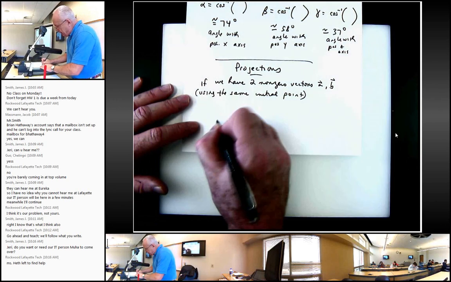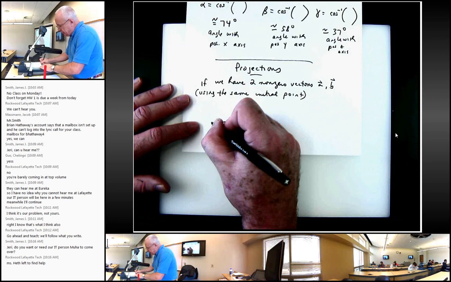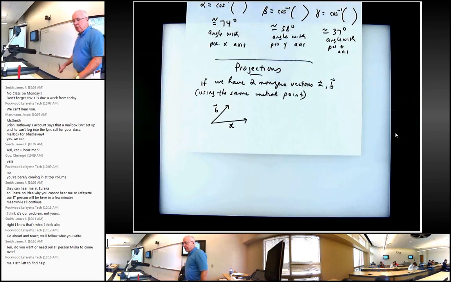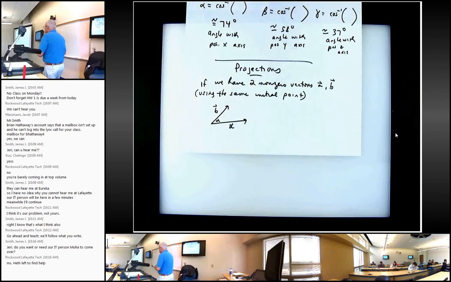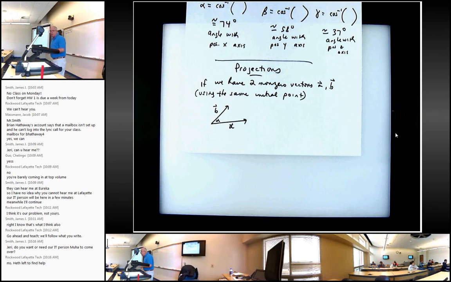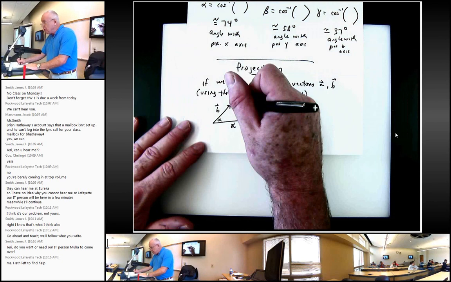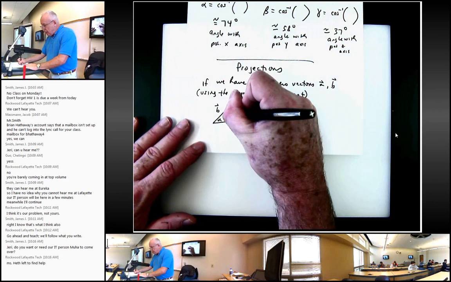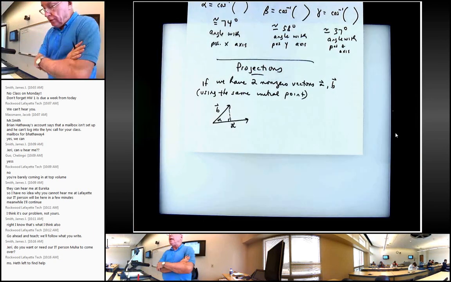Here's A, and then using the same initial point, this is B. There's an angle between them, and we've just found out how to find that angle using the dot product. So what if we take the tip of B and drop a perpendicular down, like a plumb line, onto where it's perpendicular to the A vector?